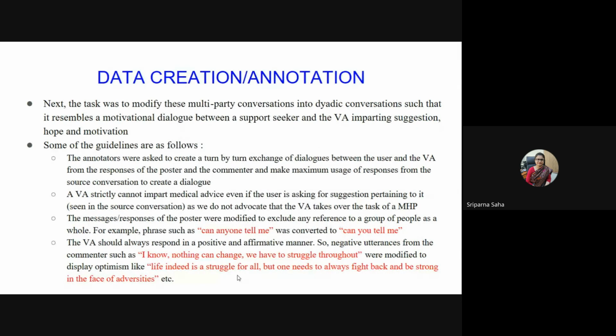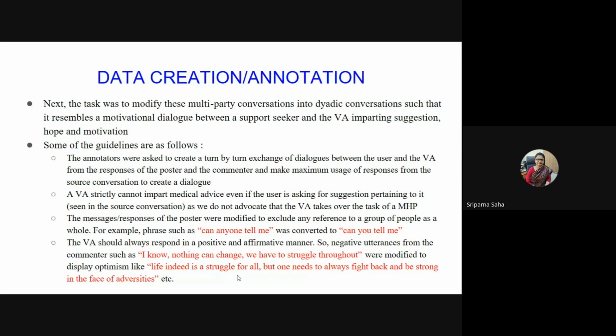Our task is to make this conversation dyadic, like there will be one question and one answer, such that it resembles a motivational dialogue between a support seeker and the VA, imparting suggestion, hope, and motivation.